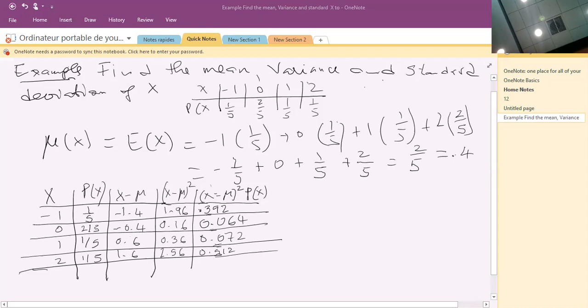Now, to check our answers, we add these: 0.512 plus 0.072 plus 0.064 plus 0.392.